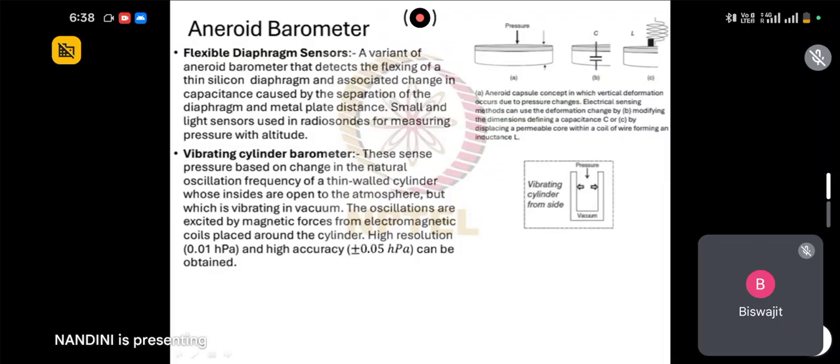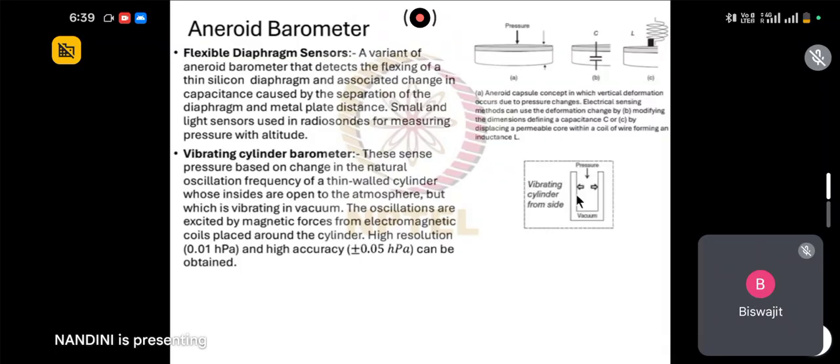And then you have a vibrating cylinder barometer. This senses pressure based on the change in the frequency of a thin-walled cylinder whose insides are open to the atmosphere. Like you can see here, the oscillation frequency of the thin-walled cylinder gives you the pressure difference.